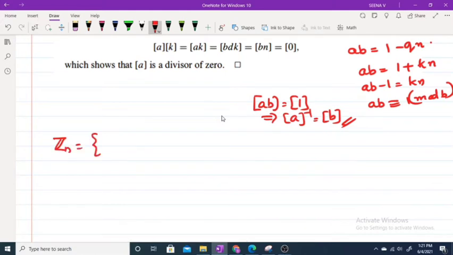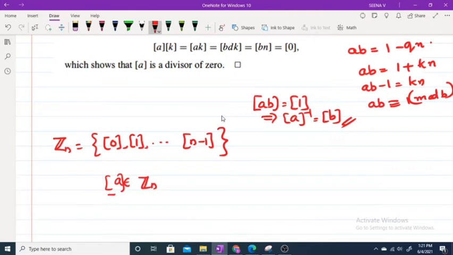Zn is 0, 1, up to n minus 1. If you take any a belonging to Zn, we have to prove either a is a zero divisor or a has a multiplicative inverse.